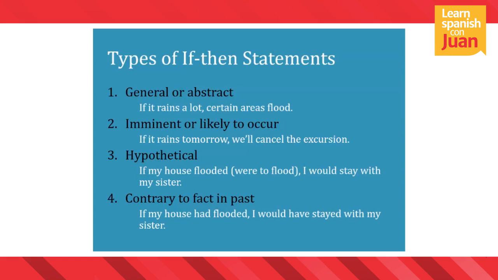And then a fourth kind is similar to number 3, but it has to do with contrary to fact conditions in the past, right? Things that didn't happen. If my house had flooded, but it didn't, I would have stayed with my sister. So we'll be looking at, in this section, at examples involving each of those 4 kinds of if statements.